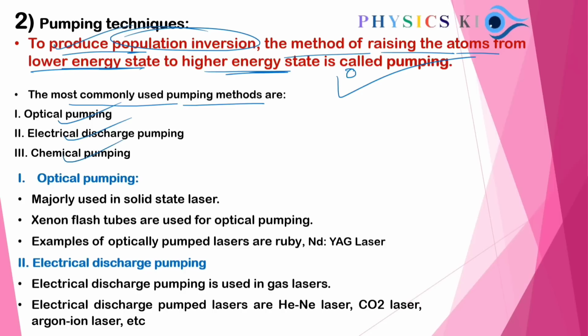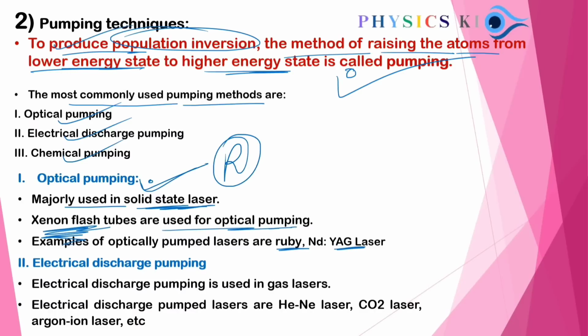You already know, whenever we discuss the ruby laser or Nd:YAG laser, majorly used solid state lasers, that is optical pumping, using a light or xenon flash lamp. That is optical pumping. The second is electrical pumping. Electrical discharge pumping is used in gas lasers like the He-Ne laser or CO2 laser. So this is all about the pumping scheme.